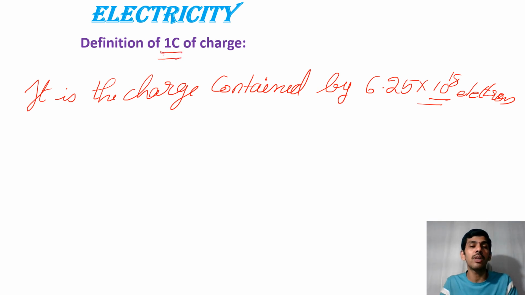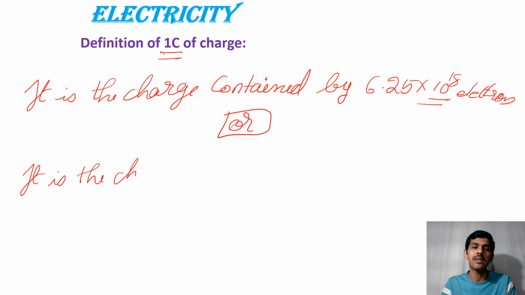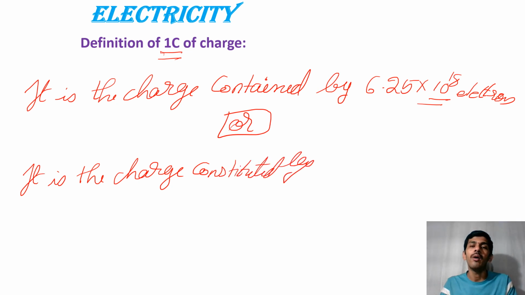So how to define 1 coulomb then? It is a charge contained by 6.25 into 10 to the power of 18 electrons. Or in other words, it is the charge constituted by 6.25 into 10 to the power of 18 electrons.